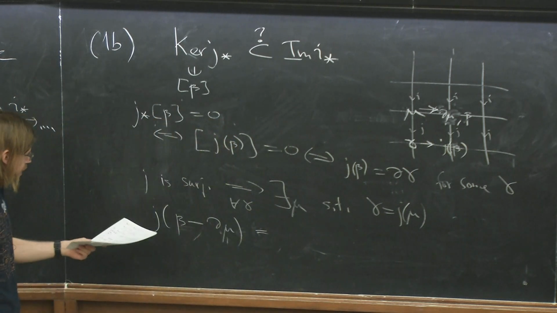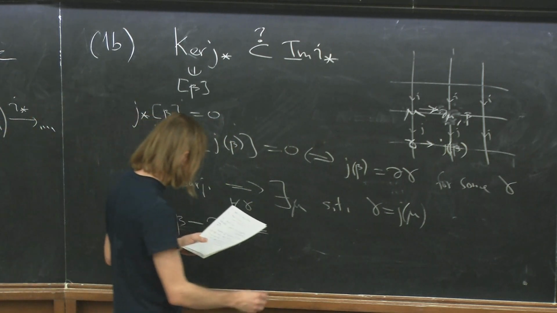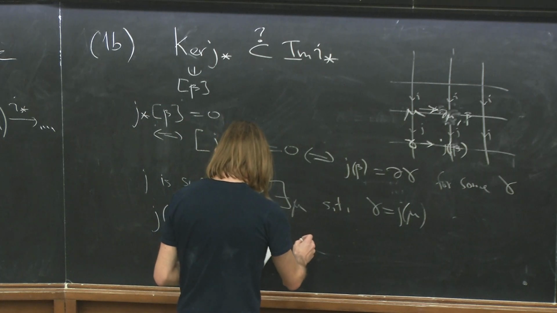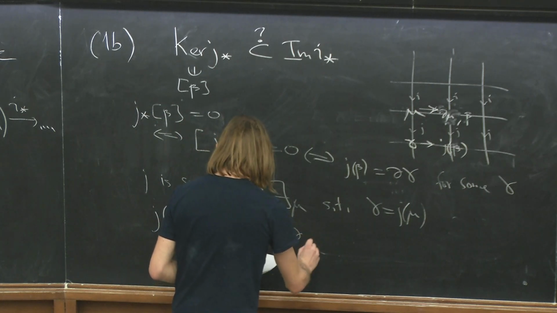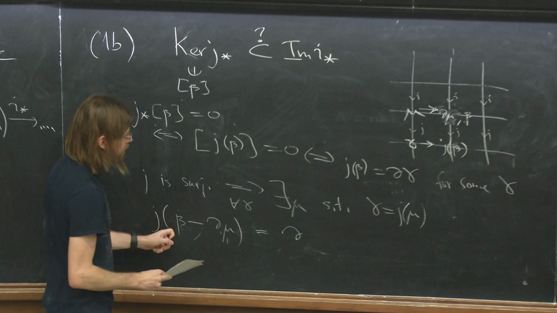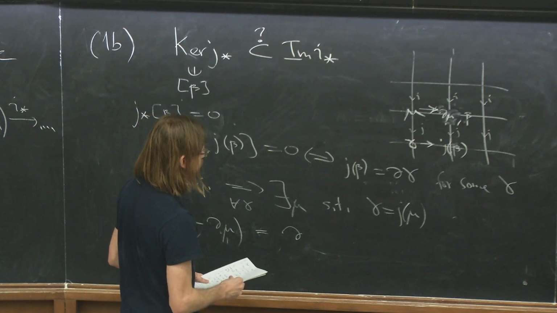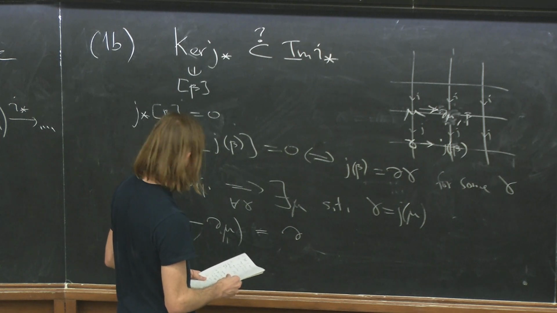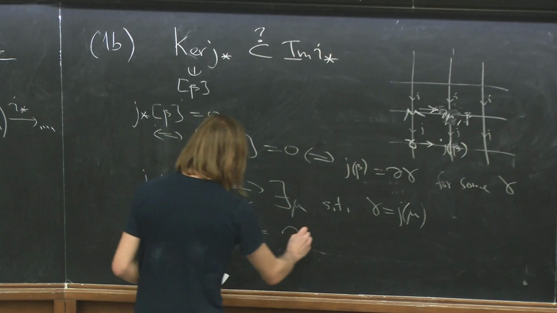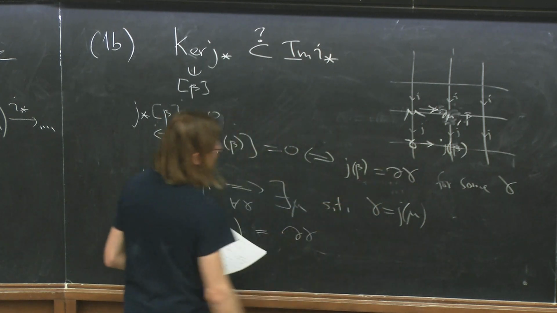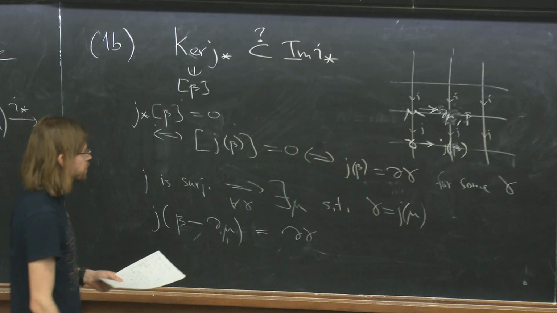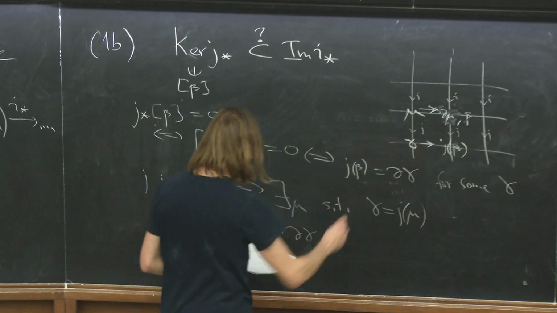Namely, we're calculating J of beta minus d mu. J of beta by construction was d of gamma, right? Yes, gamma was a preimage of J of beta under d.